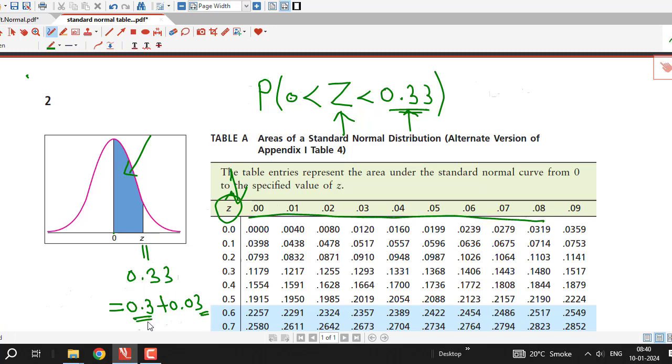So for 0.3 I look at this row, and 0.03 corresponds to this column, and the point at the intersection of these two lines is the required point. Let me remove these two lines, and we can see our value is 0.1293.